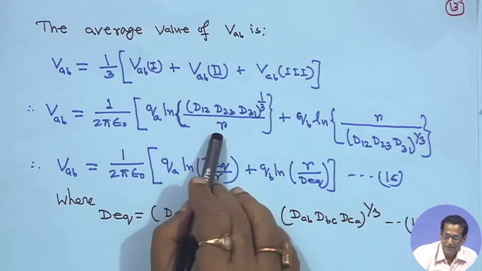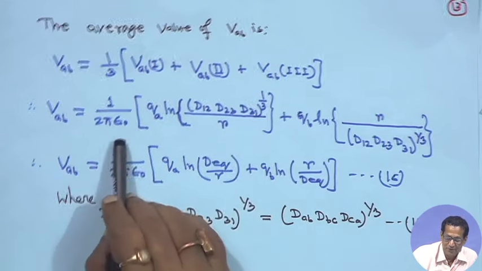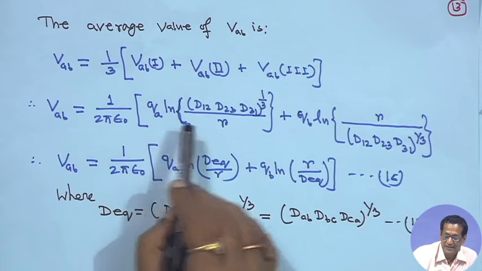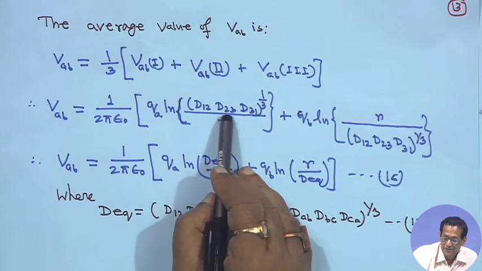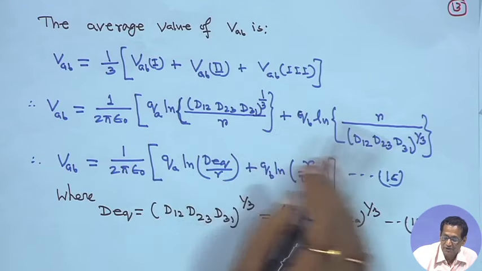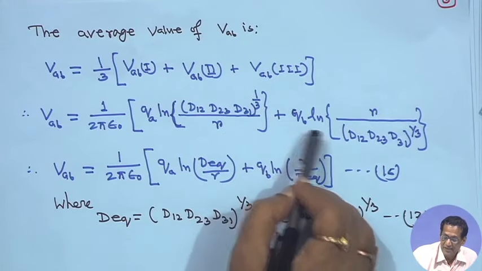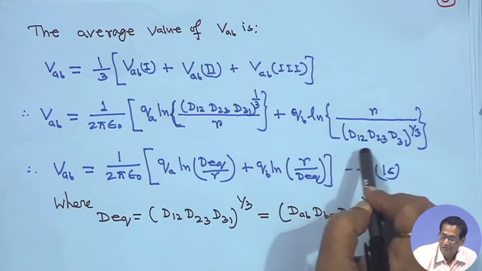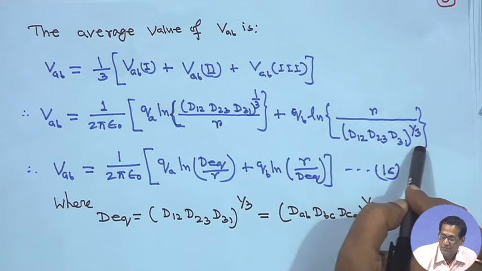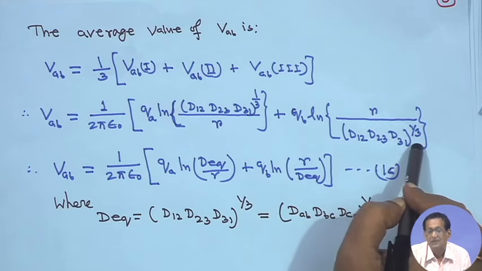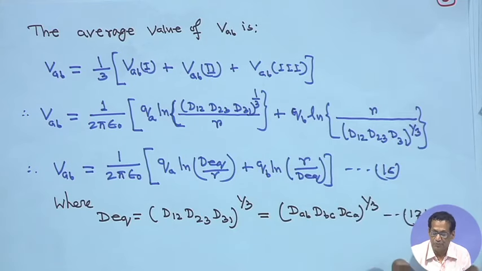I have made this final one, that 1 upon 2 pi epsilon 0, q a ln (d12 d23 d31) to the power 1/3 divided by r, plus q b ln r upon (d12 d23 d31) to the power 1 by 3, right, cube root.